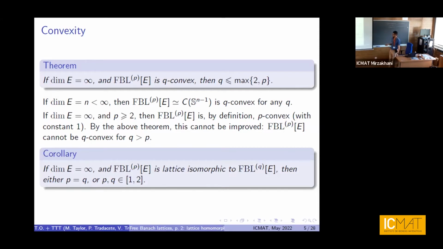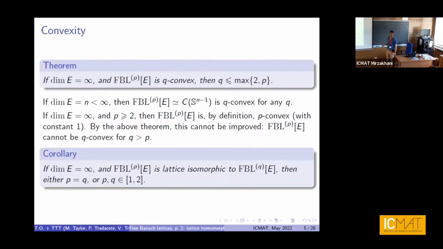So this P free Banach lattice cannot be Q convex for Q greater than P, and this means that if a Banach space E is infinite dimensional, and the P free and the Q free Banach lattices are lattice isomorphic, then either P is equal to Q, or both P and Q are in the interval from 1 to 2.